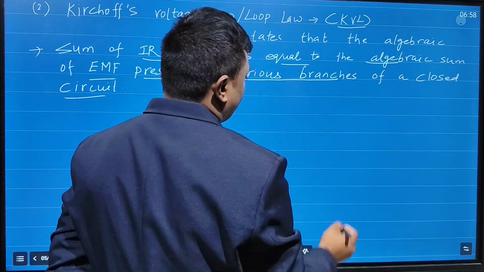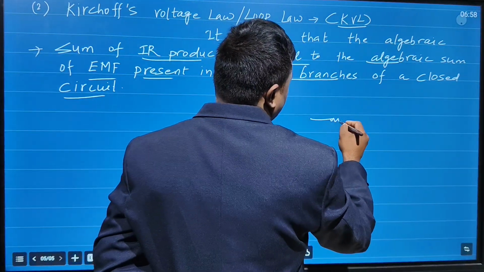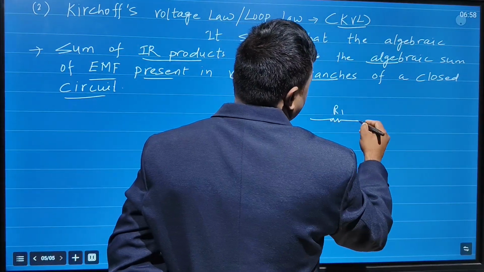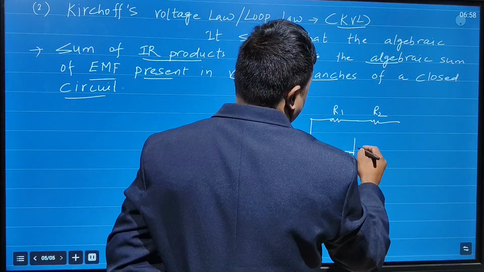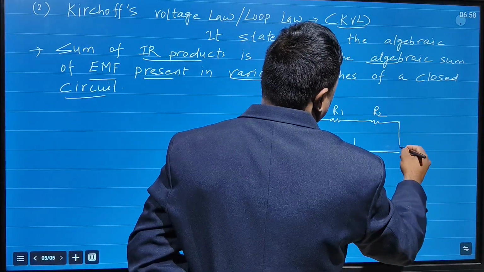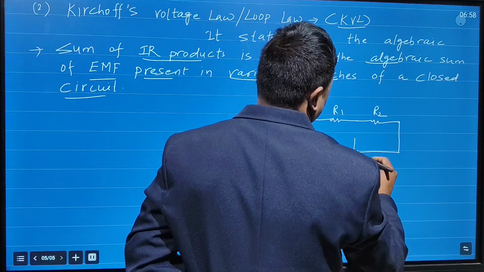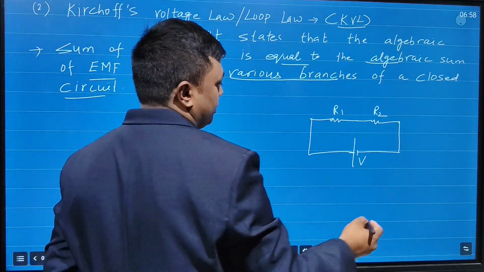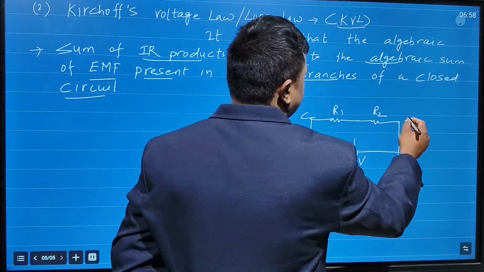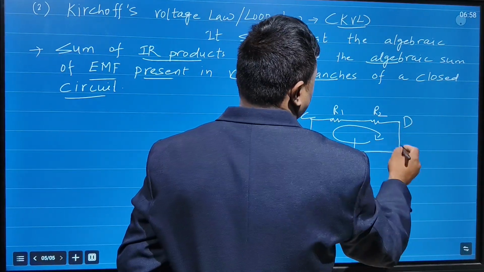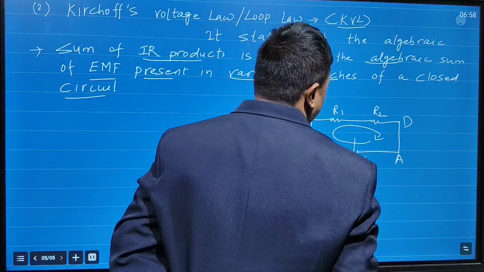So let's consider a closed circuit where resistance R1 is there, R2 is there, and a cell of V volt is there. You can label the points A, B, C, D. You can see this is a closed path, A, B, C, D, A.